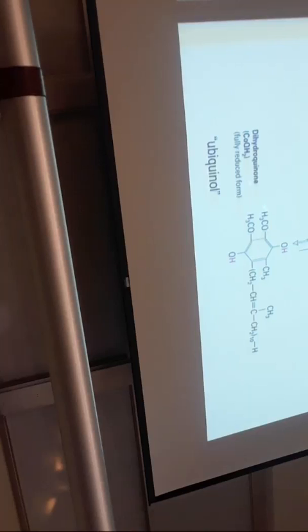So the electrons, of course, can also be given to other components of the electron transport chain. We'll see how this works when we talk about complex 3. But first, let's talk about complex 2. Complex 2 is actually identical with succinate dehydrogenase.